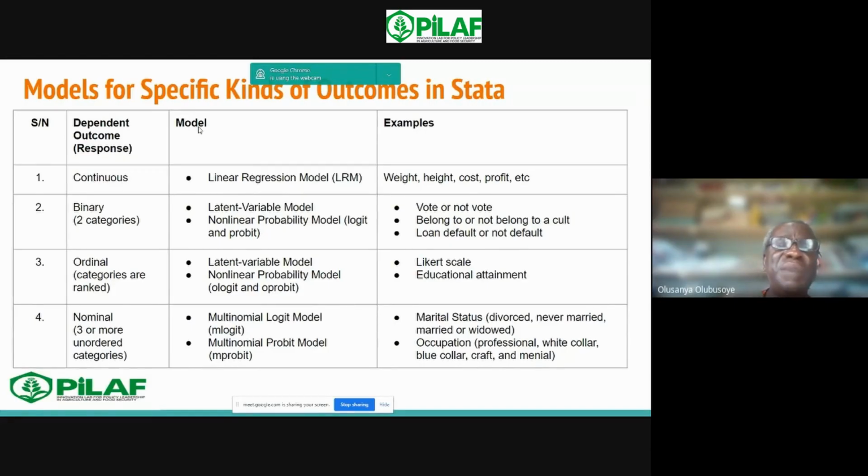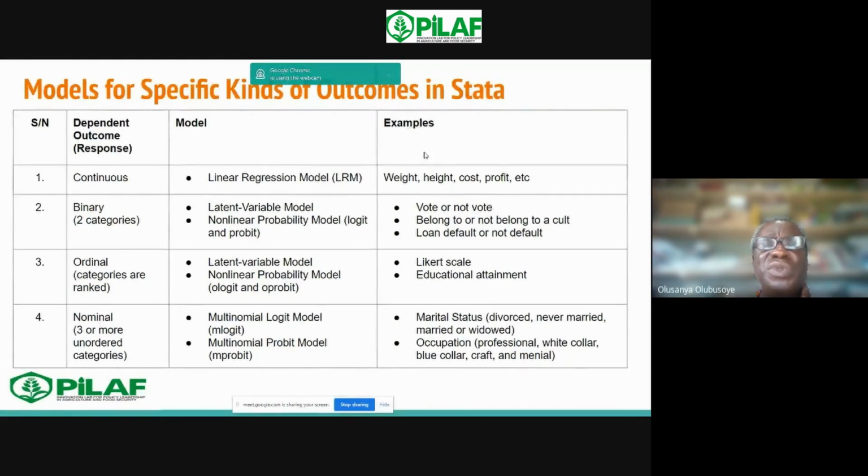So the appropriate model for a continuous dependent outcome is linear regression. That's why it's possible to assume that the error is normal. We can't assume that for others. So here we assume that the error is normal, and so we use the normal linear regression model.